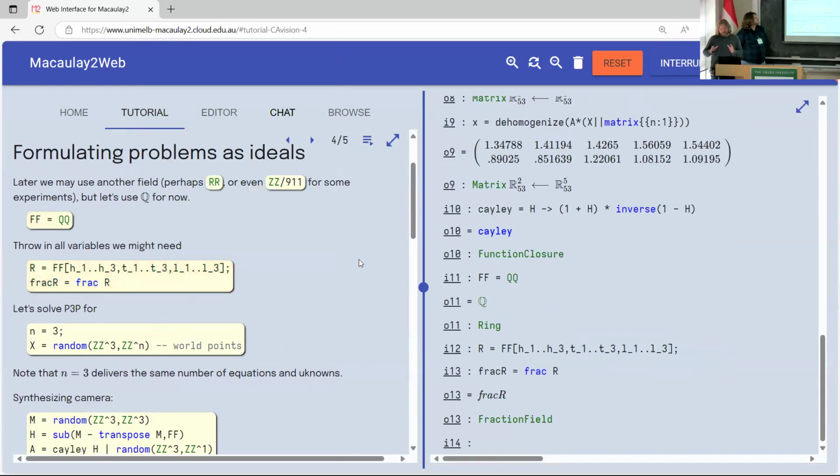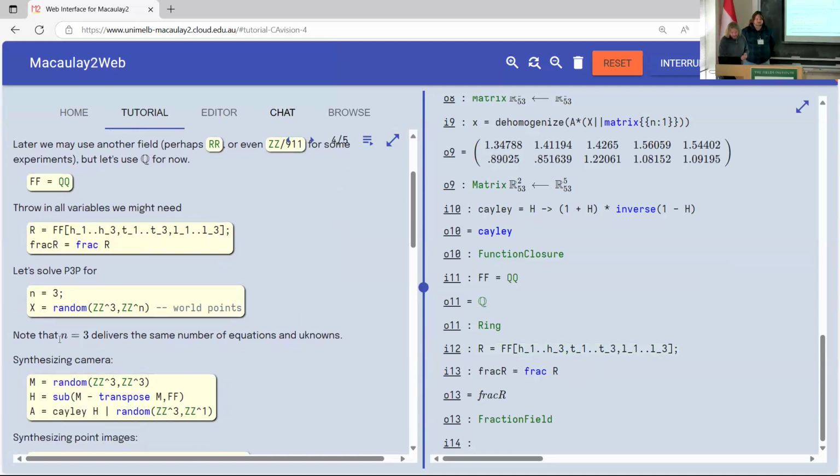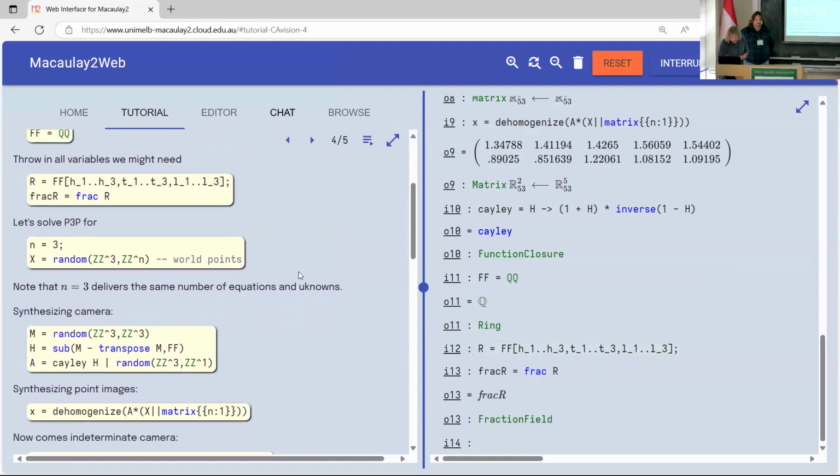We have to introduce all of the ingredients in our ring, in a big polynomial ring, and probably define a fraction field of that to make sure things are invertible. Well, we know that P3P is actually going to be a good, minimal problem here. The number of equations is going to be the same as the number of unknowns.